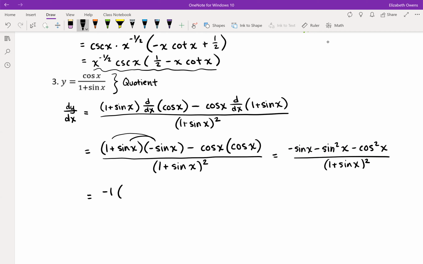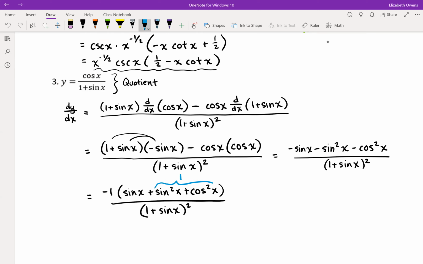We'll have -1 times sine x plus sine squared x plus cosine squared x, and that is pretty nice. You might see a little trig identity popping up there. Notice right here we have our classic Pythagorean identity: sine squared x plus cosine squared x equals 1. So we have -1 times sine x plus 1, all over 1 plus sine x squared.